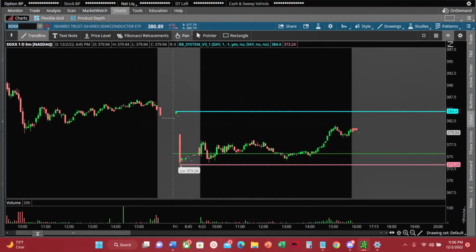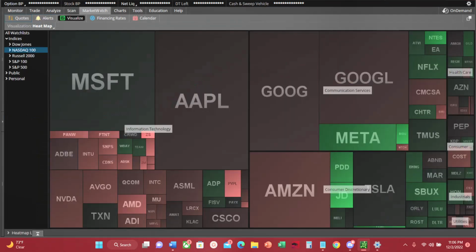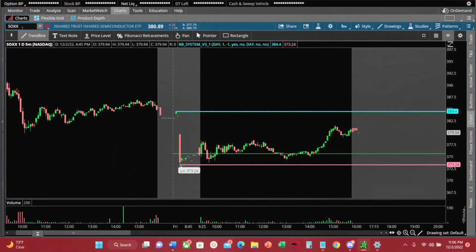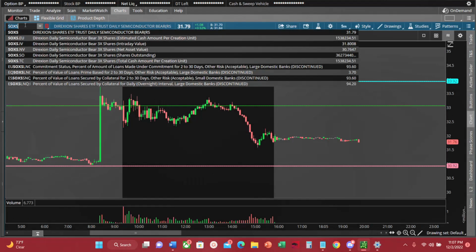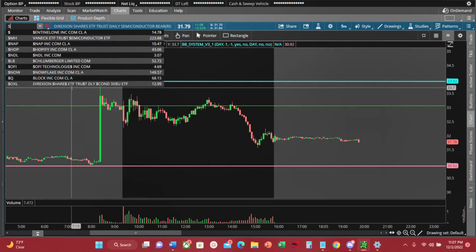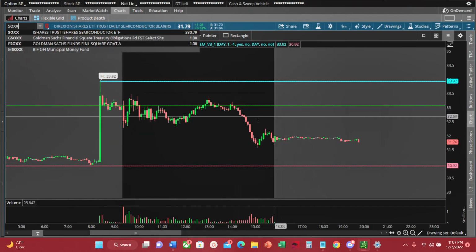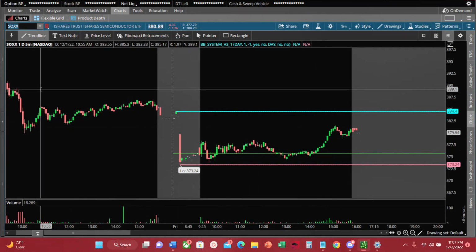Yeah, that is the semiconductor ETF. That is not what I want, although I like that flexible chart. That's another one from VanEck. And then this is the short. So basically this does the opposite of whatever it did today. And you can see, I'll pull up the SOXX. Just keep in mind that. And it's the opposite. Nice pump up.